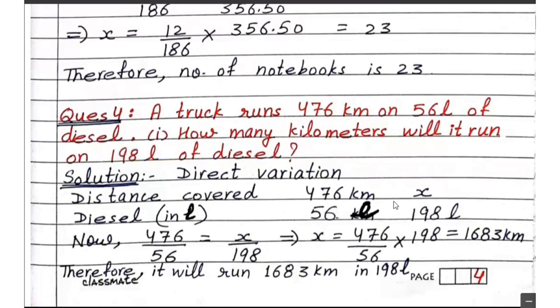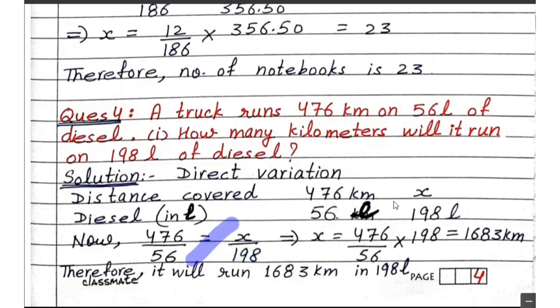So here the distance covered is 476 kilometer and the diesel used is 56 liter. Now when the liter of diesel is 198, let the distance be X kilometer, right? Now let us take them in fraction, that is 476 upon 56 is equal to X upon 198.